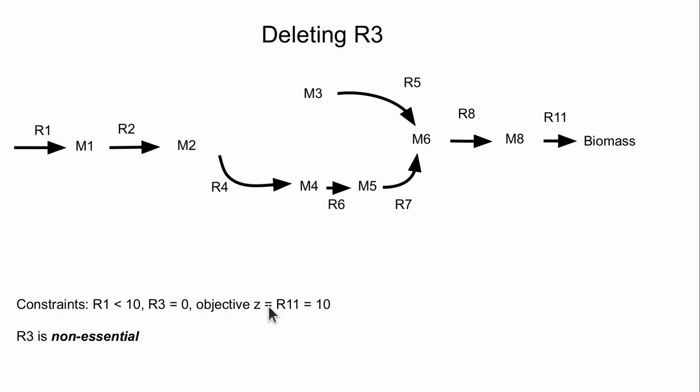So even though we've deleted this reaction, we can still have a flux of 10 through R2, 10 through R4, 10 through R6, 10 through R7, 10 through R8, and 10 through R11. So our objective function will still be 10, and that is the same as we had in the full model. That deletion of reaction R3 made no effect whatsoever on the potential growth rate of our organism. And because of that, we say that R3 is non-essential.